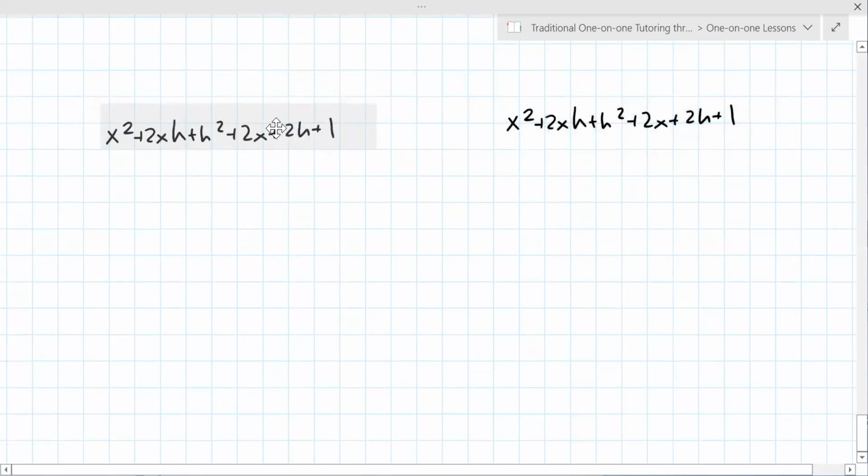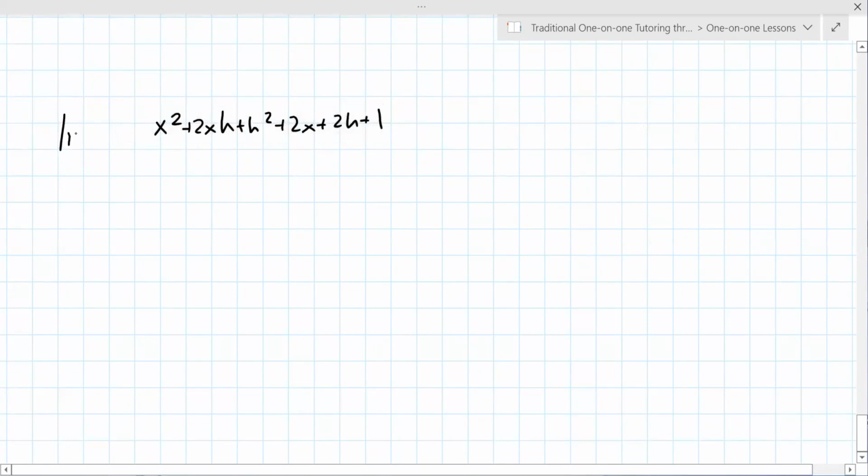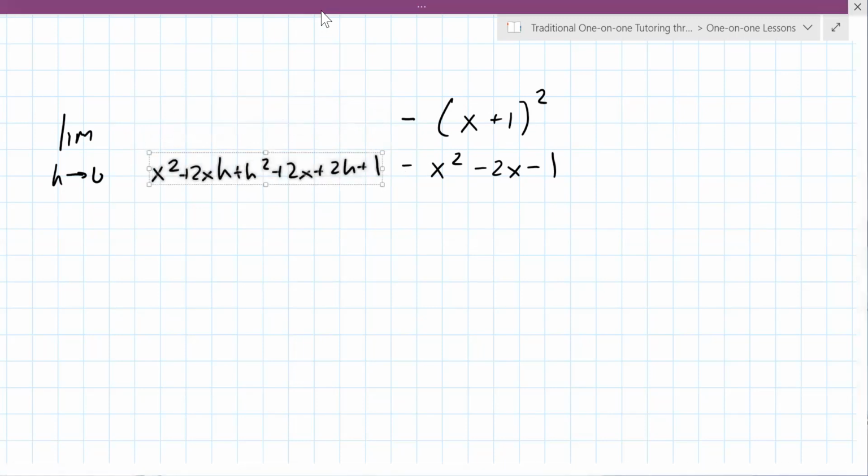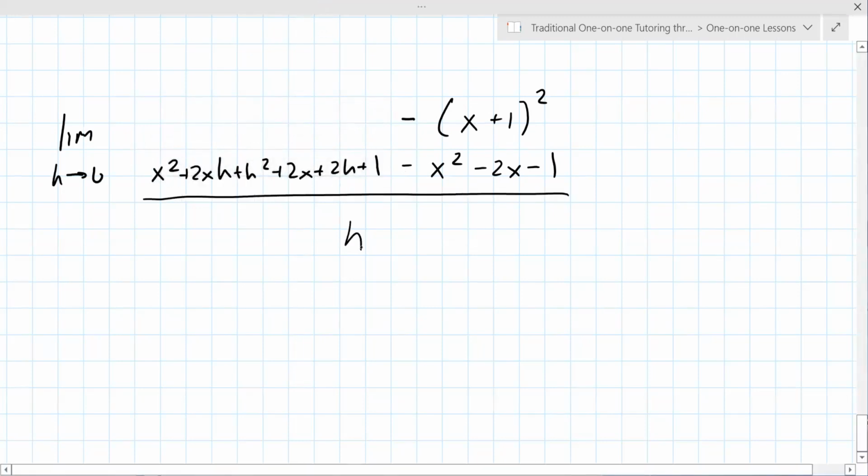All right. So you take the limit as h goes to 0, and then you're subtracting the original function, which is (x plus 1) squared. Should you FOIL that out? Yes, I did that. So it ends up being minus x squared minus 2x minus 1. Then you send all of it over h, and you should have a bunch of cancellations.